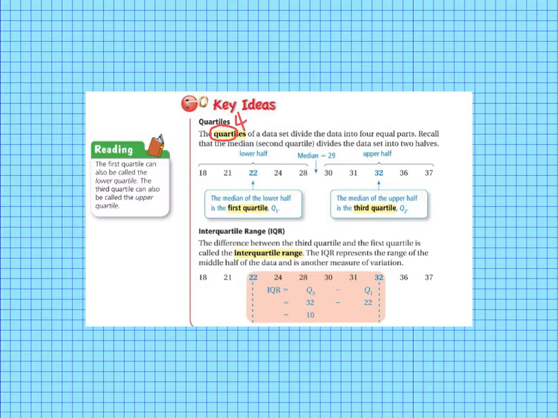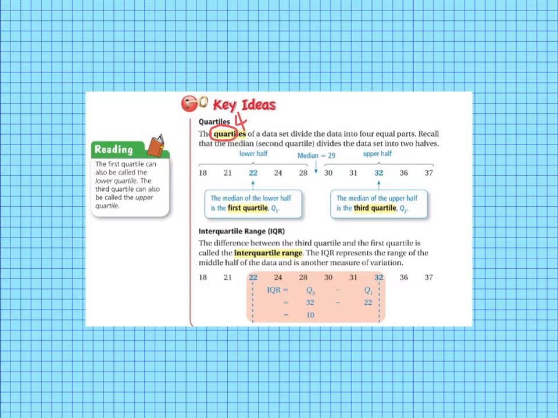Recall that the median, the second quartile, divides the data set into 2 halves. The median of the lower half is the first quartile, Q1, and the median of the upper half is the third quartile, Q3.